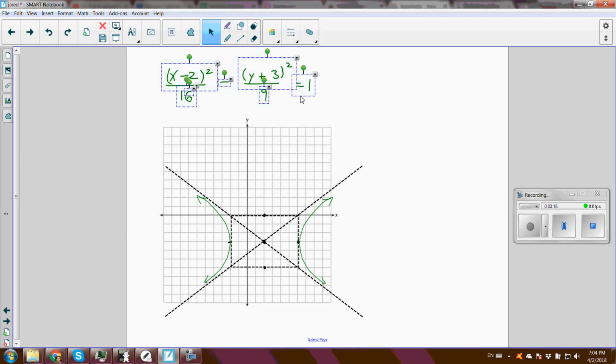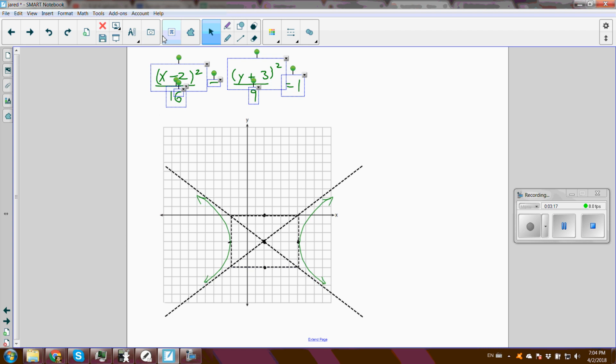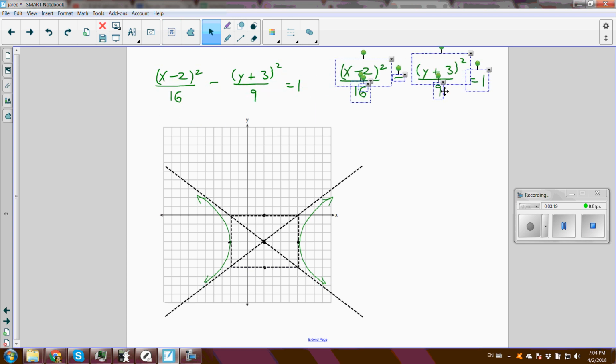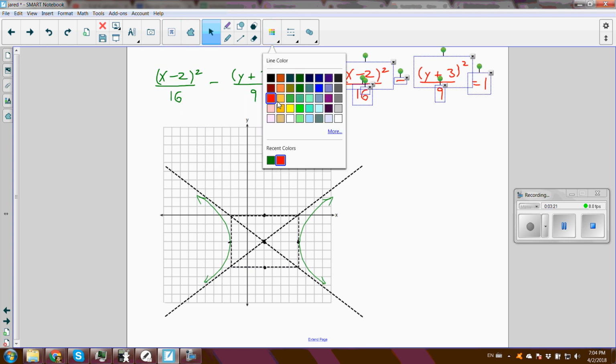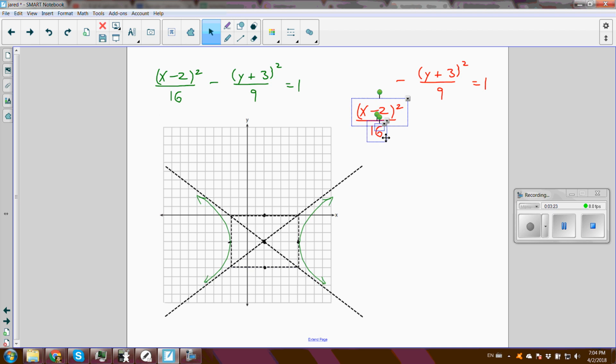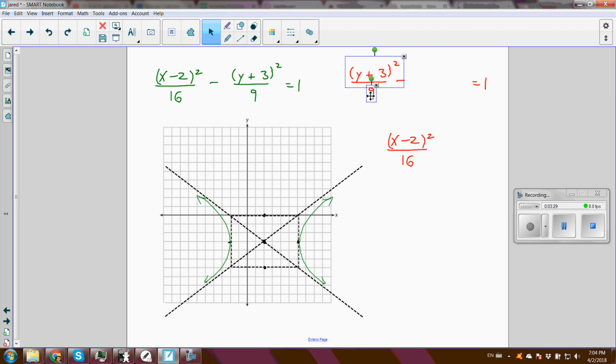Now, suppose we change the equation by simply trading places with the x term and the y term. Since the y term is first, all that means is that these 2 points become the vertices and the other 2 points become the co-vertices.